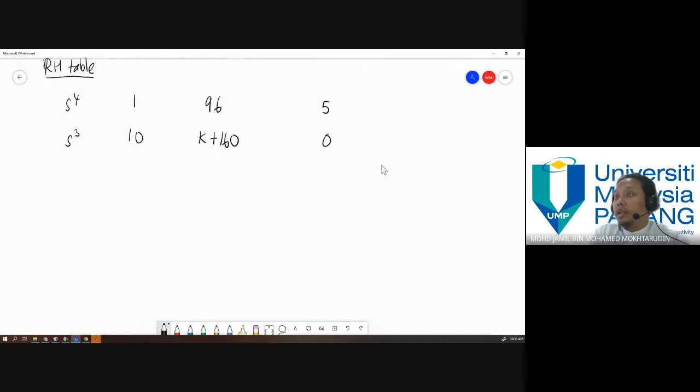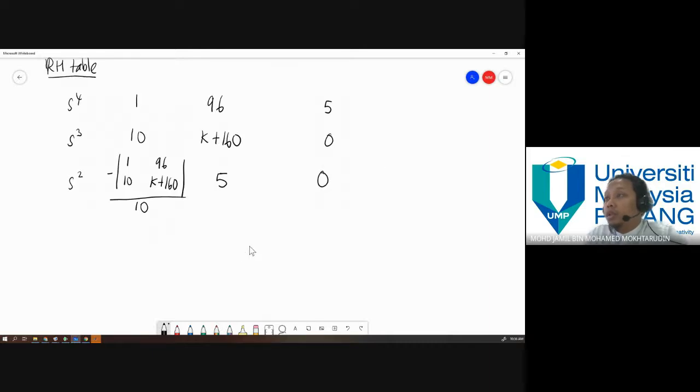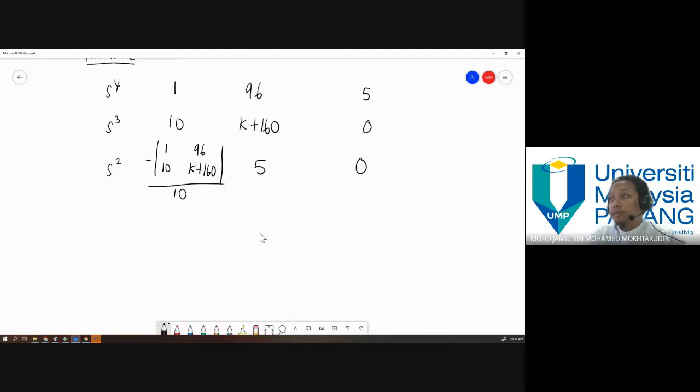And then find s squared. And then this one, you get 5k, 0. So this need to simplify.